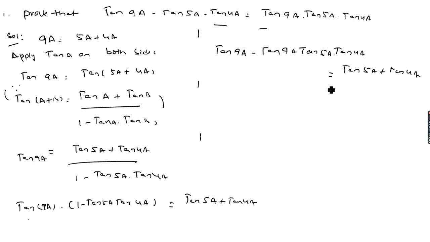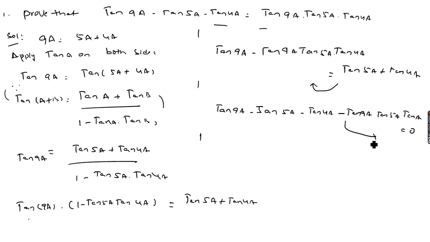So therefore this tan will be converted into this side. We get that tan 9a minus tan 5a minus tan 4a minus tan of 9a tan of 5a tan of 4a equals 0, and this minus will be converted into this side.